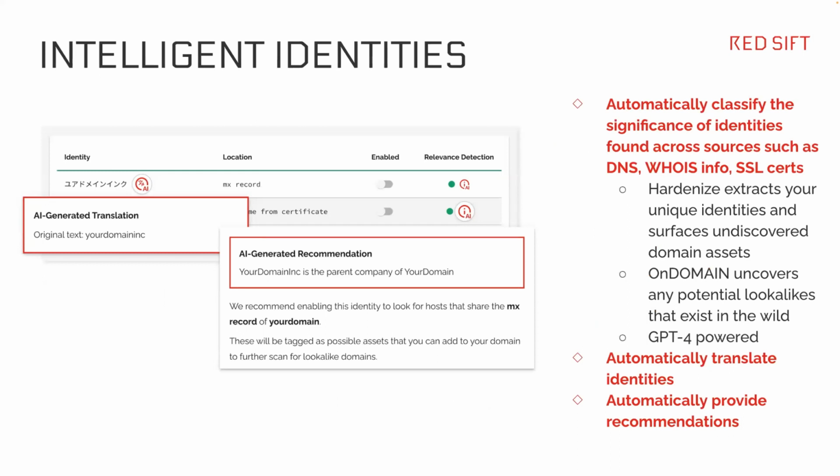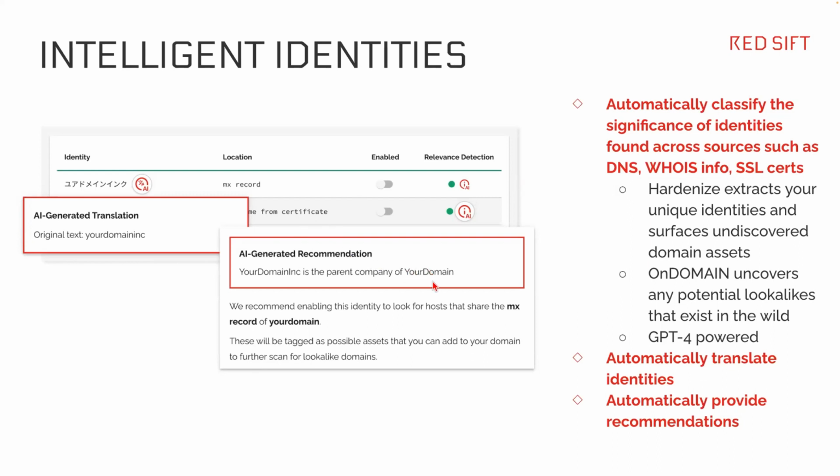And the last thing I showed here was the identities that we saw. And with GPT, we're able to have AI generated translation. So I don't understand this character set, this language, but I can get it in my language. I don't have to go out and do some searching. I can get recommendations. I don't have to be an expert on whether I should enable these identities for monitoring or not.